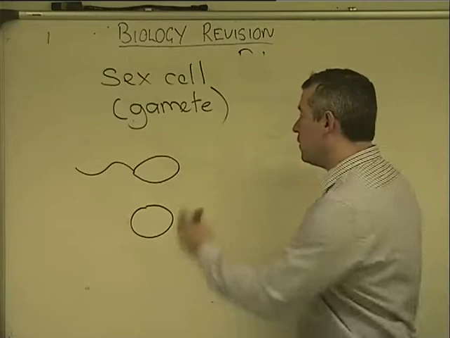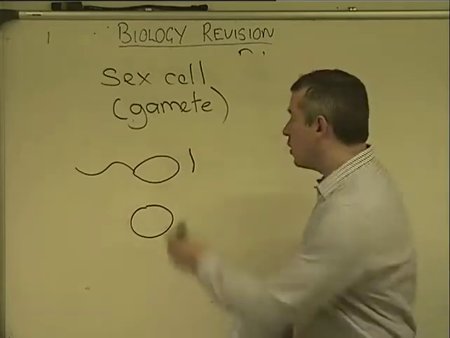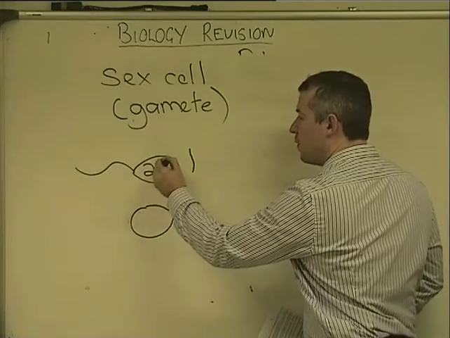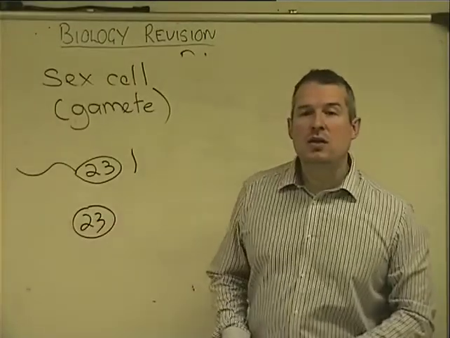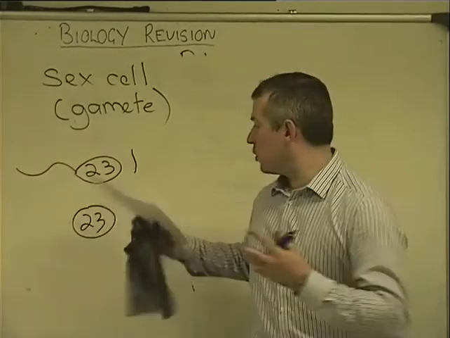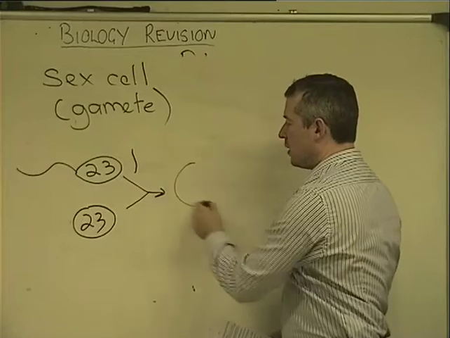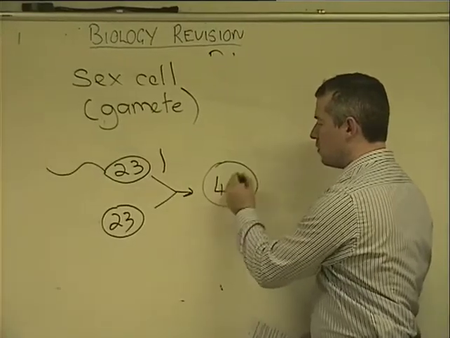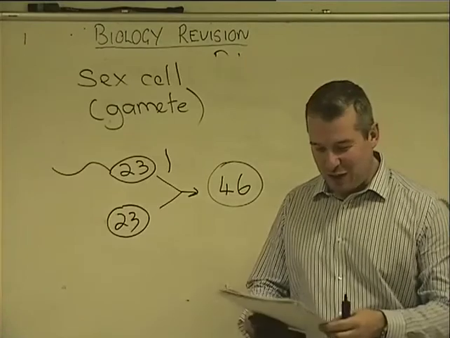Each sex cell only has a single copy of each chromosome. So sex cells or gametes have 23 chromosomes each. The reason for this is because when they join together, they can form what we call a zygote, which has got 23 pairs or 46 chromosomes.